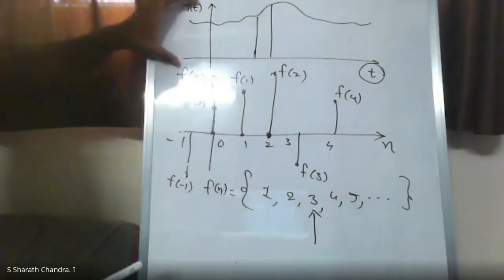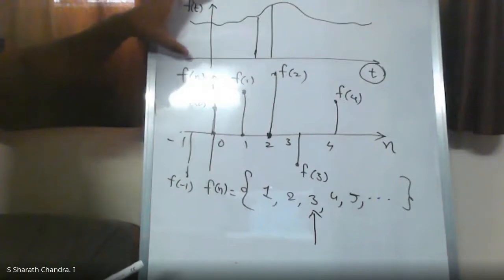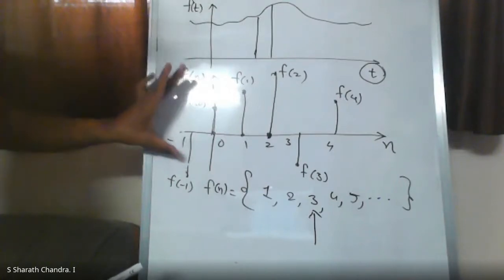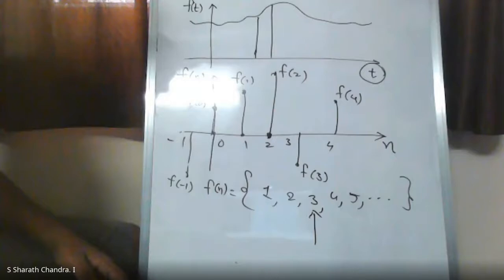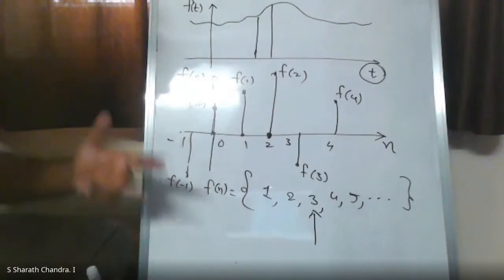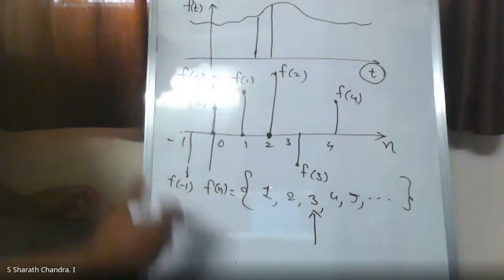That means this is a signal which is continuous in time as well as continuous in amplitude, and this is a discrete time signal with amplitudes having a continuum of values. Therefore, there lies another classification such as analog signals.